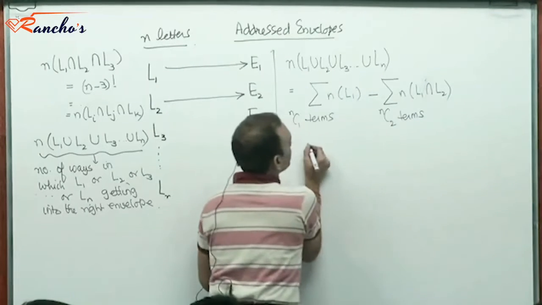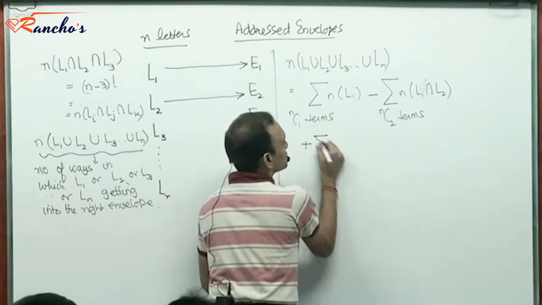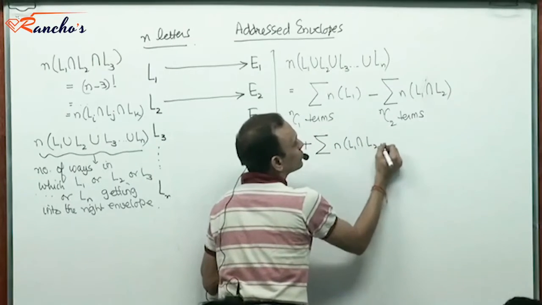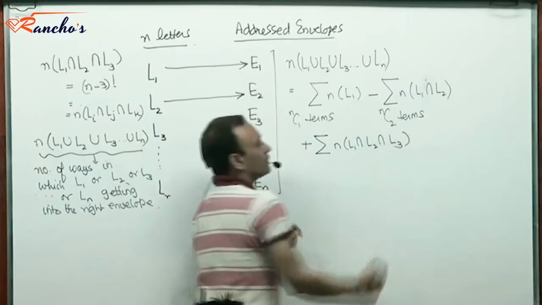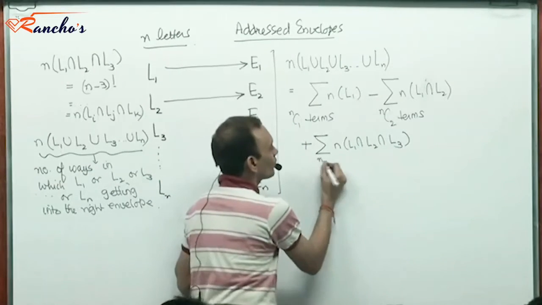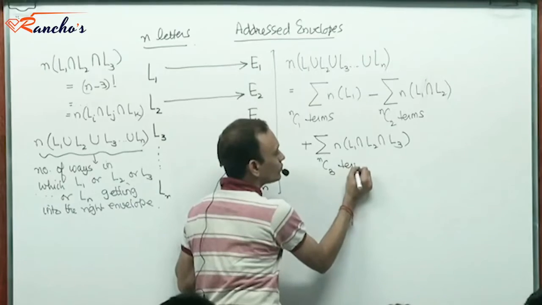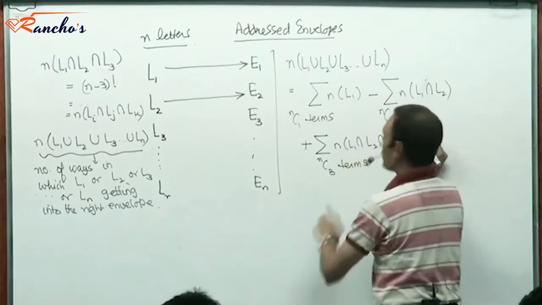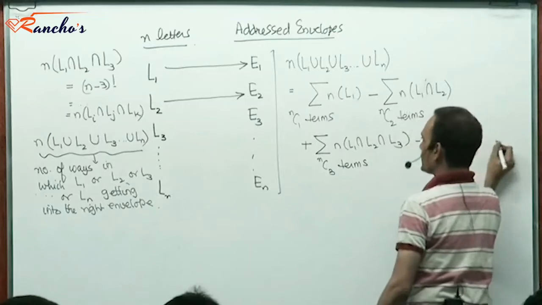Right? Similarly, you have plus the summation for L1 and L2 and L3, NC3 terms in this summation, each of value n minus 3 factorial. And this will go on this way.